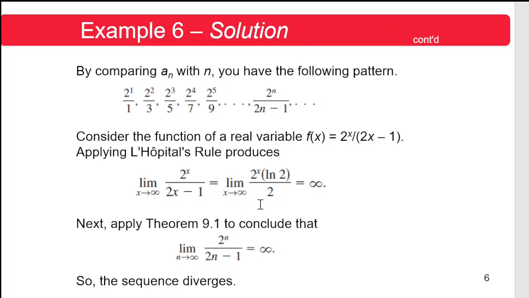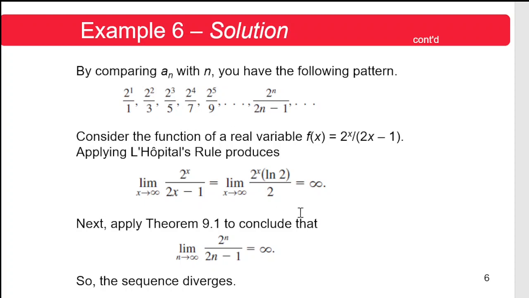And then by replacing the variable x by infinity, you have 2 raised to infinity times the natural log of 2, which is infinity, divided by the constant 2, which is infinity. So therefore, the limit of this function, 2 to the x over 2x minus 1, is equal to infinity.